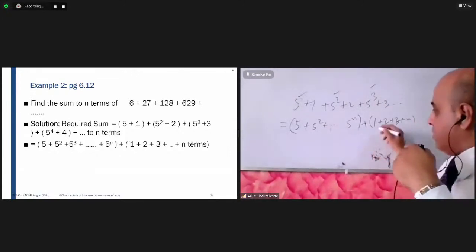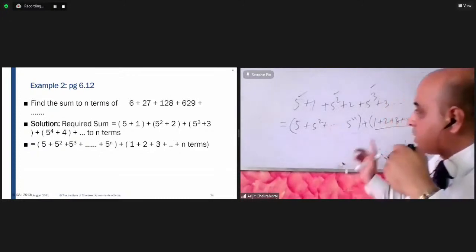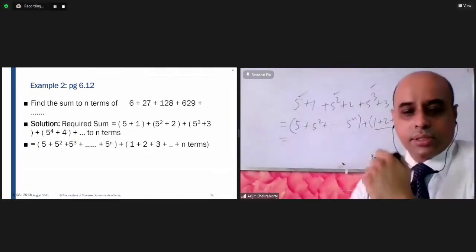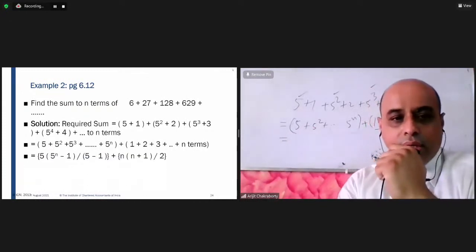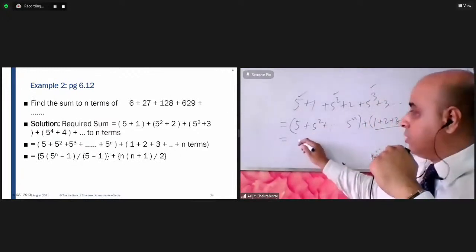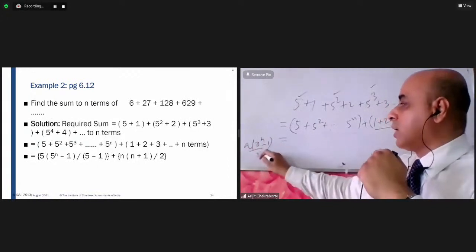Now, the second part we have done last day, which is an arithmetic progression. And in the first case, this is a GP because here there is a common ratio of 5. So for the first part, we take the value a(r to the power n minus 1) divided by r minus 1.